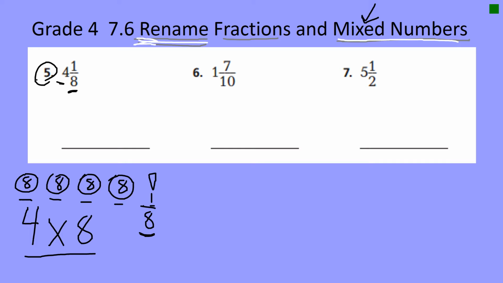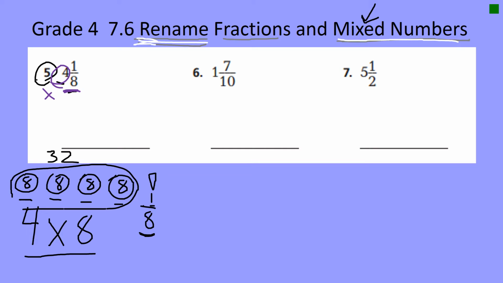So when you look at your problem, you look at 4 sets of 8 equal parts. So what is 4 sets of 8? Let's do that math. 2 sets of 8. 2 times 8 is 16. Double 16, that's 32.